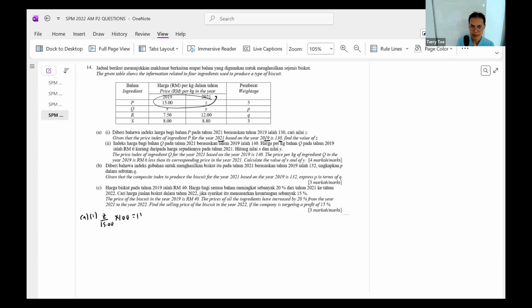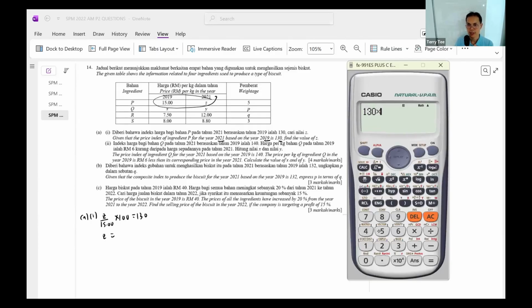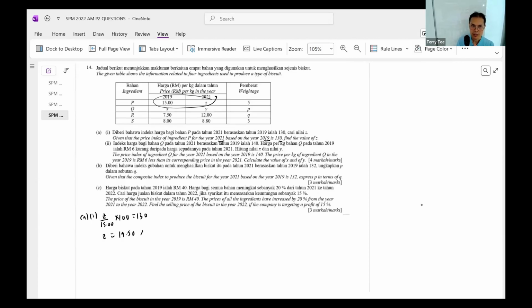The result is 130. So take 130 times 15 ringgit divided by 100. You should get 19.5. So that's your Z.